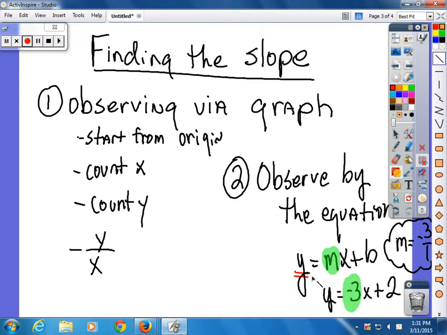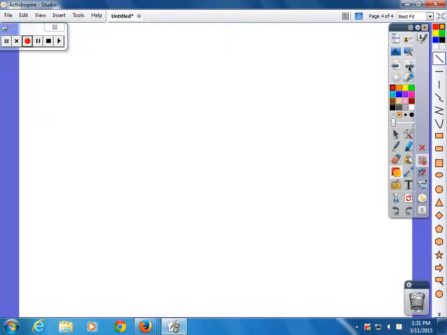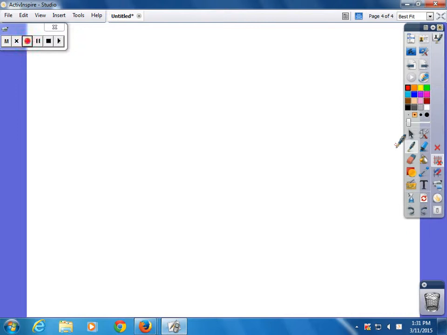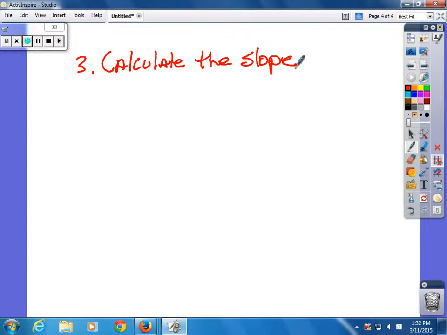Probably very few to none. Because I want you to calculate the slope. That's what we're going to do next. The third way is to calculate the slope. And I'm putting it in red because that's what I want you to be able to do for the test. Three or four questions at least will be on calculating the slope.